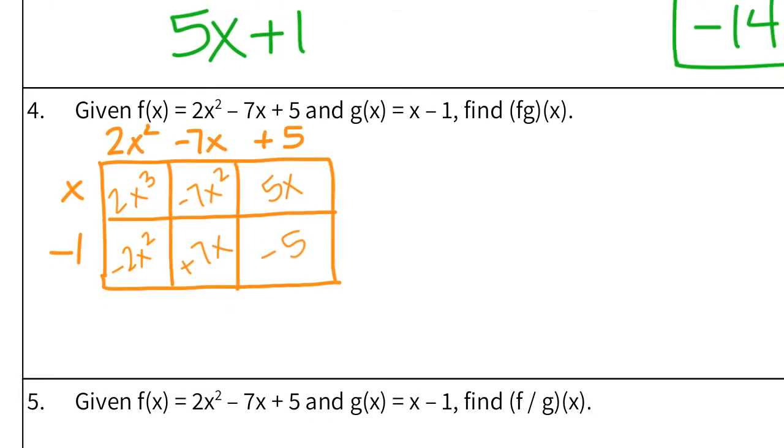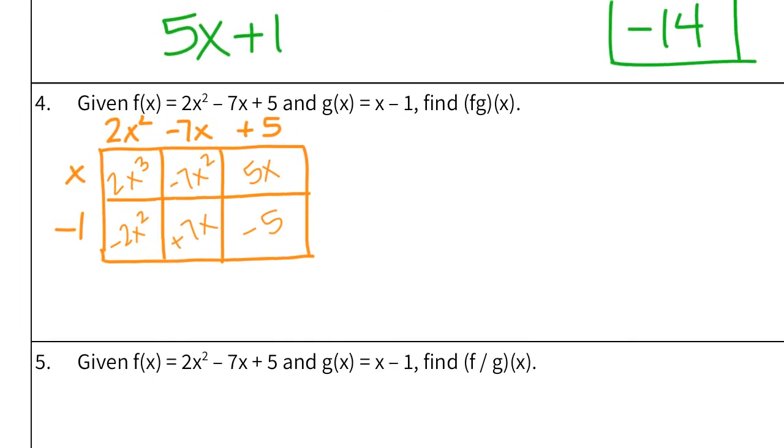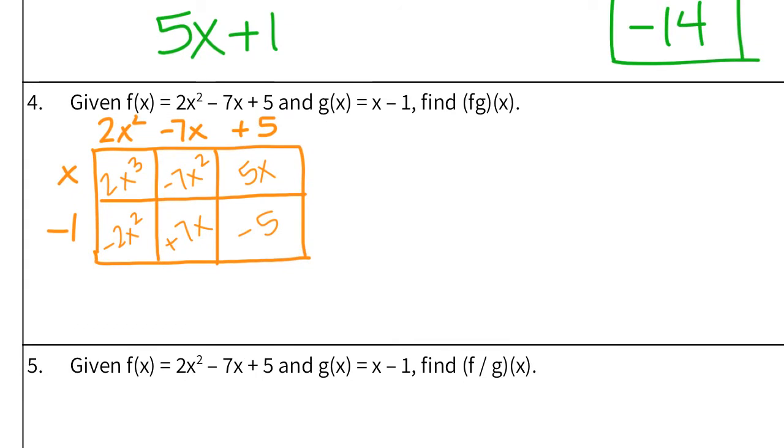Okay, so now that my box is all filled in, I am going to combine like terms just looking at that box. In that little window, there's only one term that has x to the third power, so that's going to stay the same, 2x to the third power.